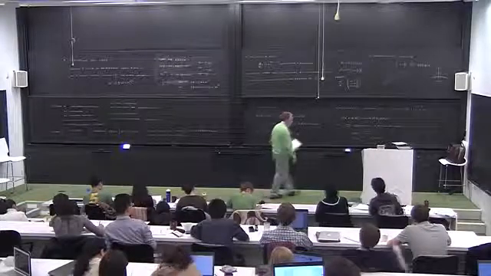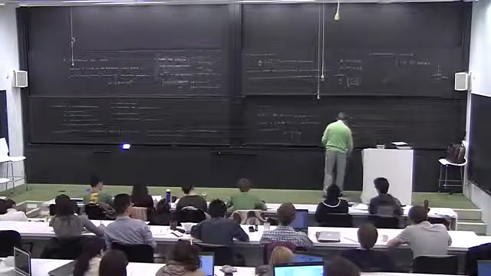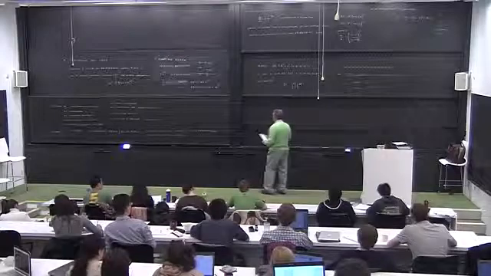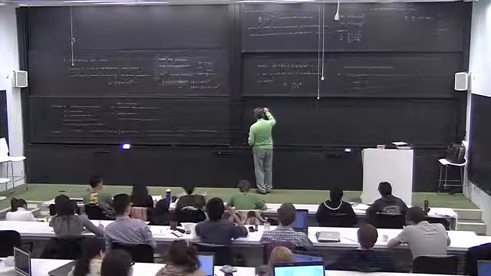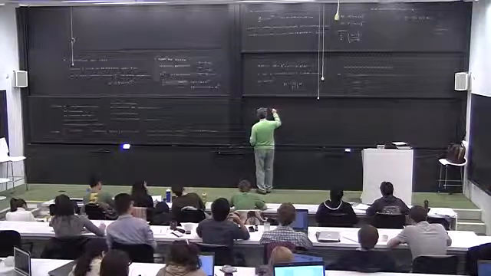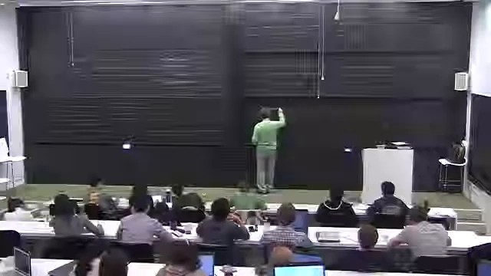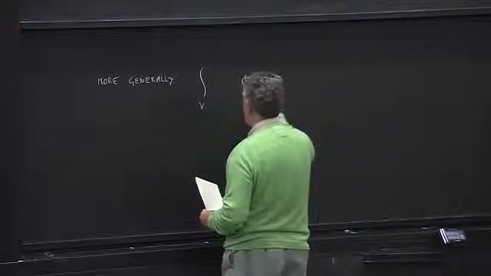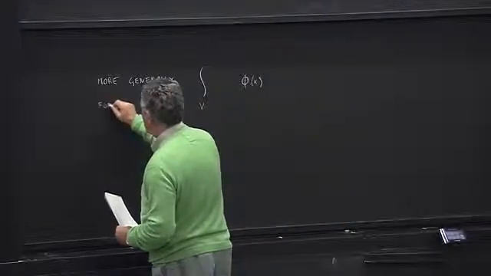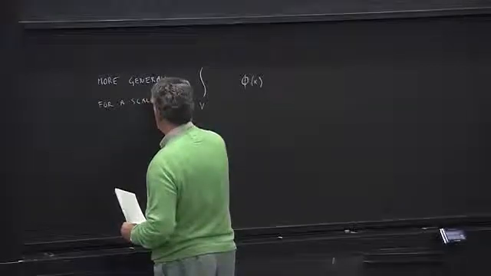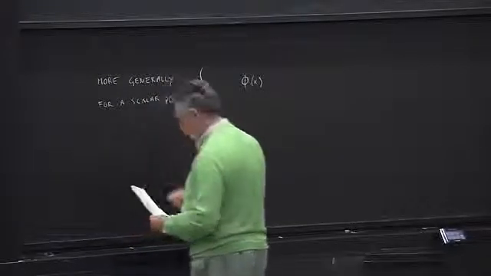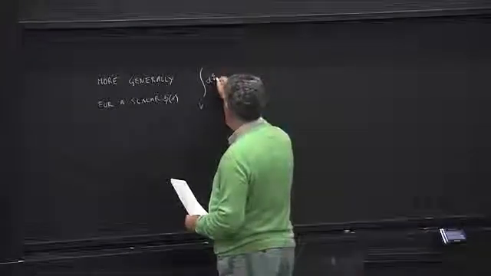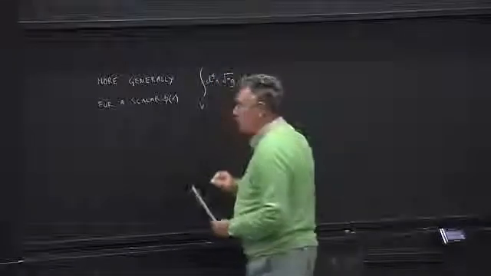But in general, we're going to be interested in curved space. If we have a scalar phi of x, in order for the integral to be invariant, we don't integrate d4x, but we integrate d4x times the square root of minus g.